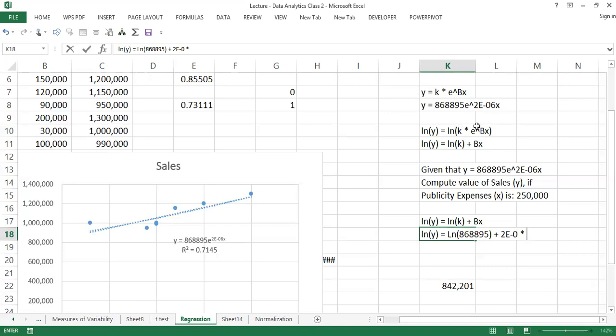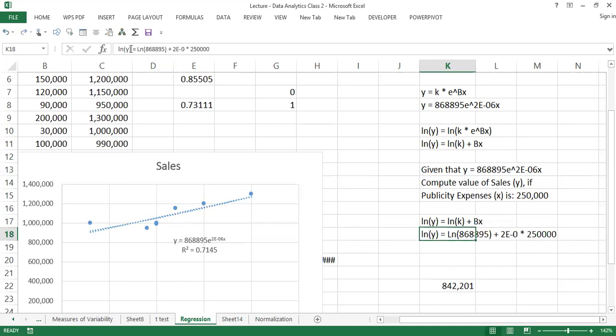Times 250, that's times x, which is 250. So that's what we need to do there.